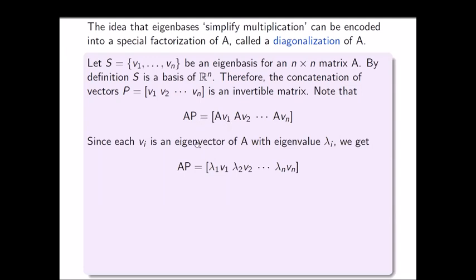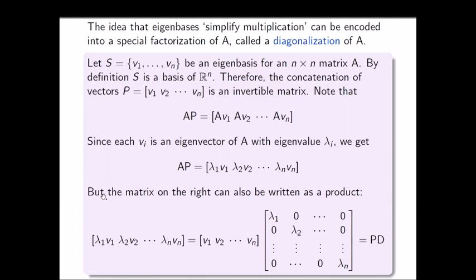Now, because each of these vi are eigenvectors of A with eigenvalues, let's say lambda i, we get that AP is lambda 1 v1, lambda 2 v2, and so on to lambda n vn. But this matrix consisting of column vectors lambda 1 v1, lambda 2 v2, and so on till lambda n vn can also be written as a product of the matrix P, the concatenation of the vectors v1 through vn, and a diagonal matrix with diagonal entries lambda 1, lambda 2, and so on till lambda n.